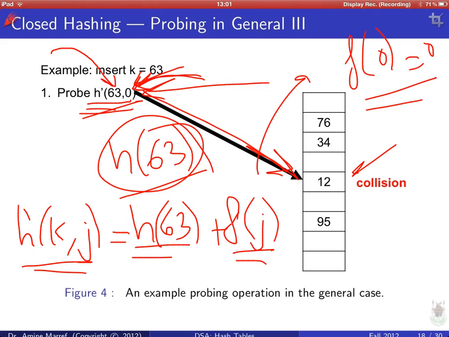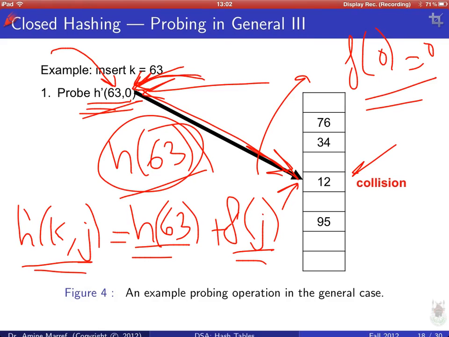And if the slot is already occupied, then we ask the probing sequence to send us to the next slot, and we keep asking until we find the item or until we have gone through the whole table without finding it, in which case the item is not there. So this is how lookup works.